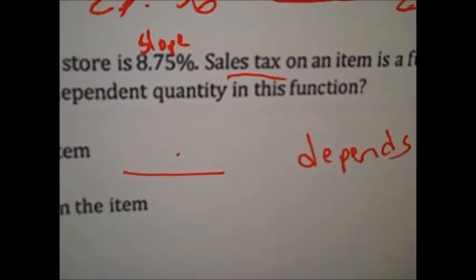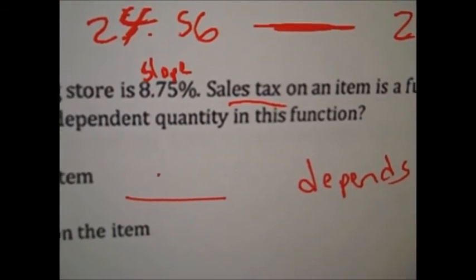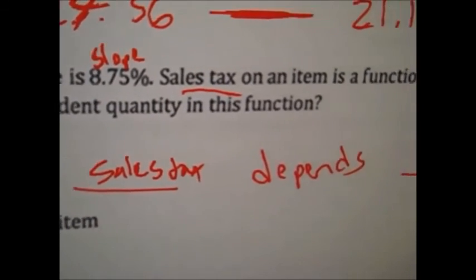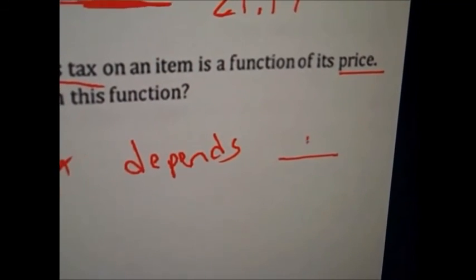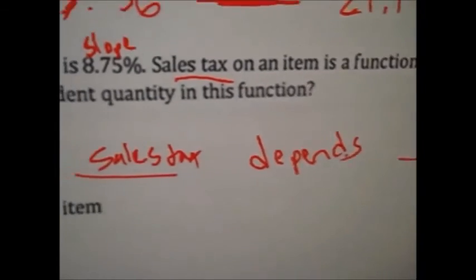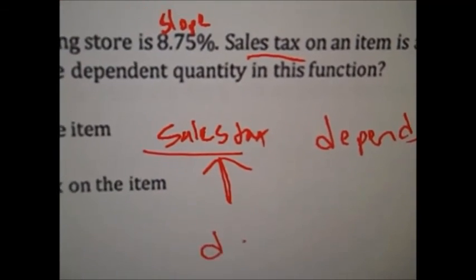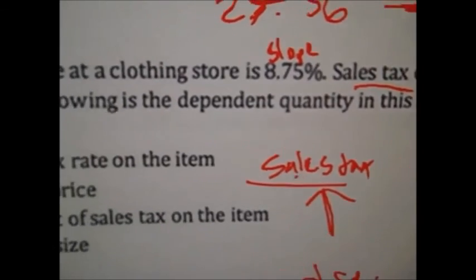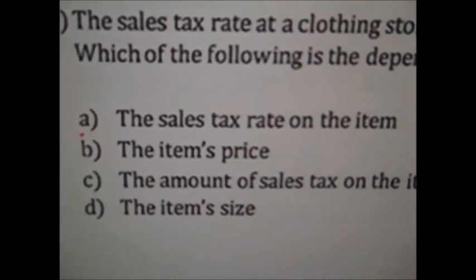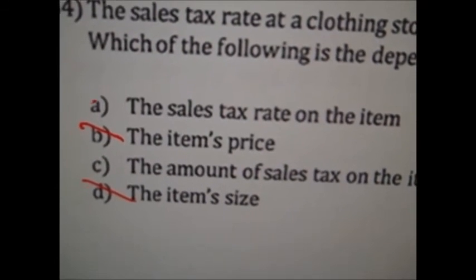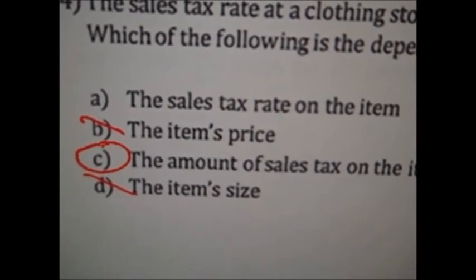The one that goes here will be the dependent variable. In this case, sales tax, the amount of sales tax, depends on the price of the item bought. Sales tax depends on price. This one right here is the dependent sales tax. That's not the sales tax rate, the sales tax, the amount of sales tax.